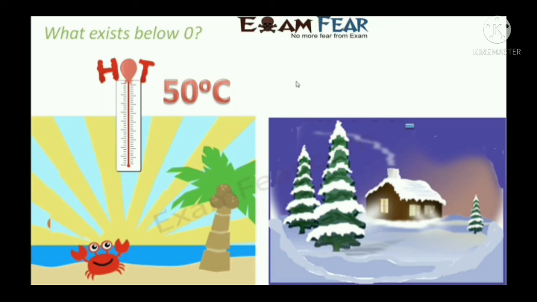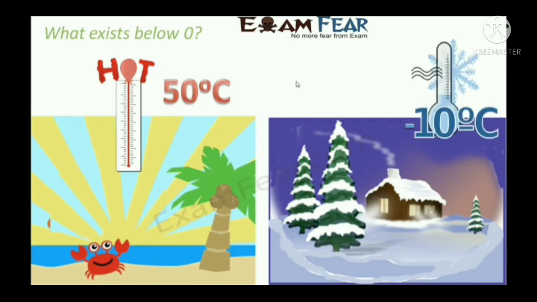Now, for the same place, if you look at the temperature on a winter night, when it is very cold, freezing, with snowfall everywhere, what do you think is the temperature? Normally the temperature is minus 10 degrees Celsius, minus 7 degrees Celsius.